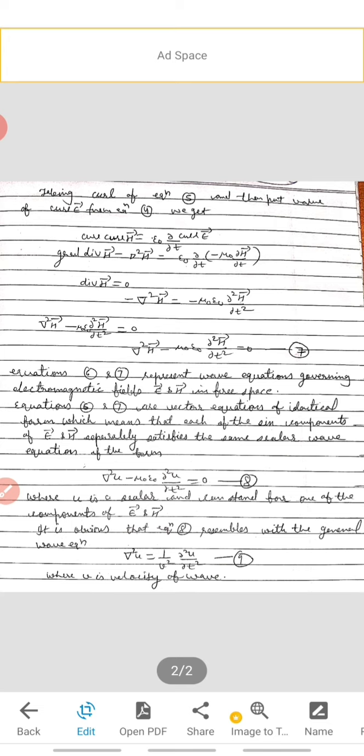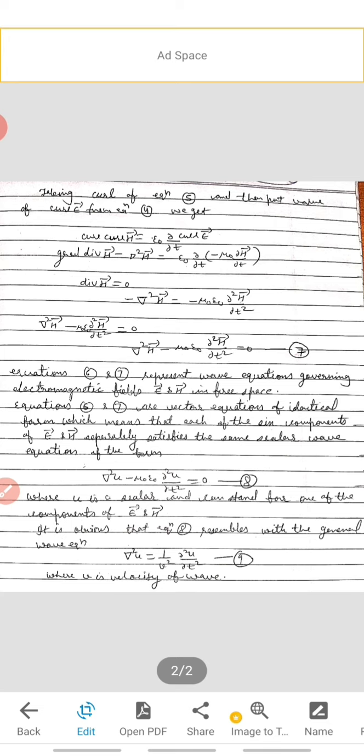This is equation 7. Now it is clear that equations 6 and 7 represent wave equations governing electromagnetic fields E and H in free space.